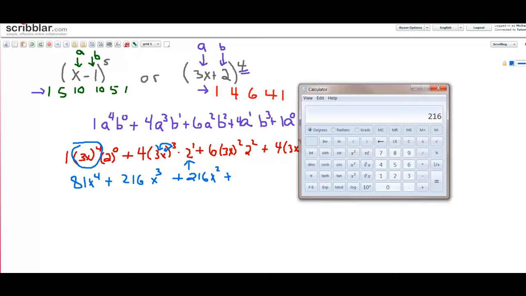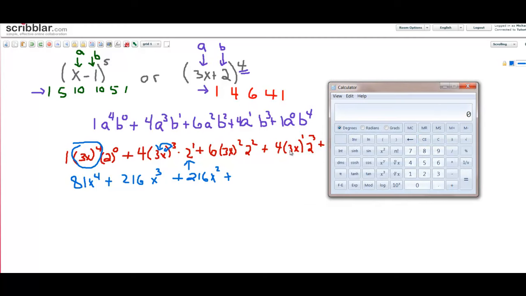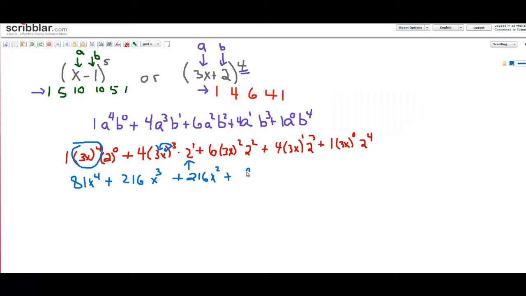All right, let's take a look at this multiplication here. Now we have 3 to the 1st power, that's fine, so that's just 3. So 4 times 3 times 2 to the third power, so times 2 times 2 times 2. All right, so we got them all. 96. So we're at 96. Now that's just x to the first.